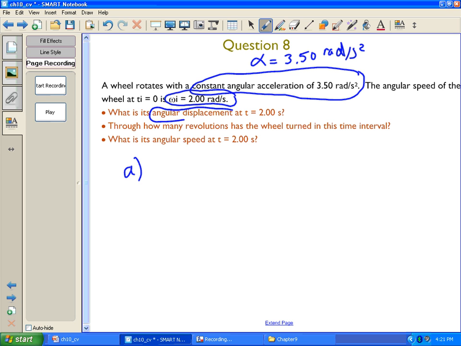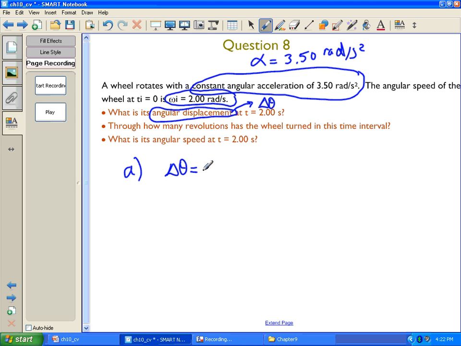Remember, displacement is the change in the position, but the angular implies they want delta theta, so the change in the angular position. Well, for delta theta, we have to use the kinematic equations for constant acceleration.